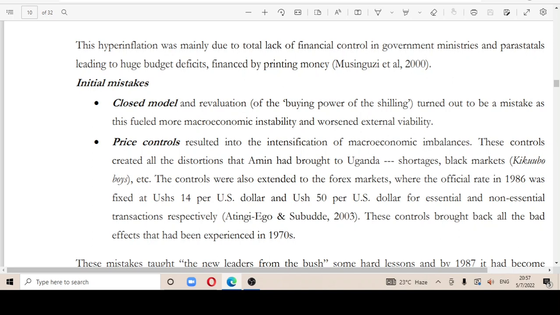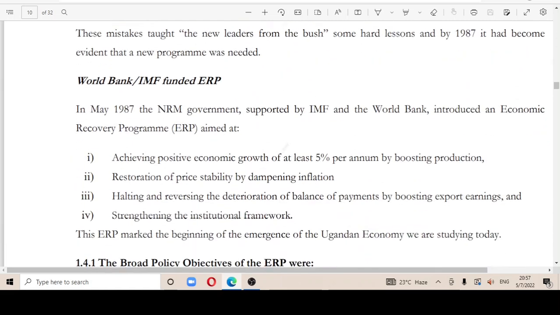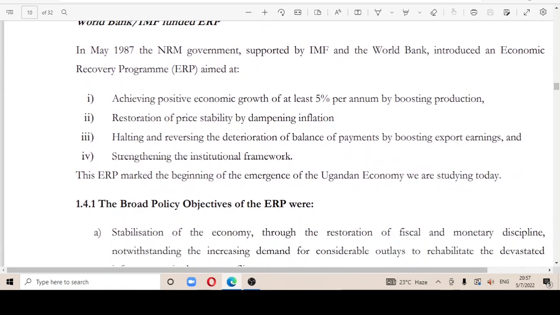So in May 1987, the NRM government, supported by the IMF and the World Bank, introduced an economic recovery program which aimed at achieving economic growth of at least 5% per annum by boosting production.